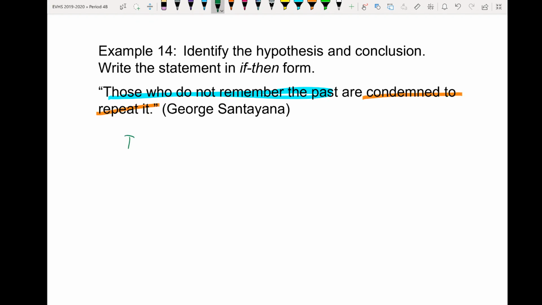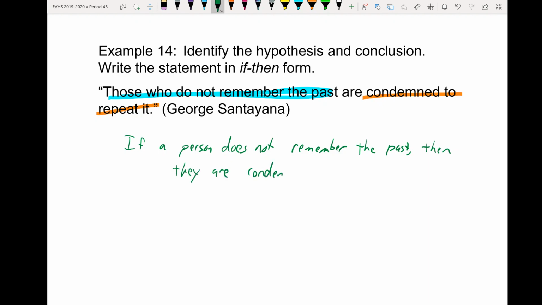So, if a person does not remember the past, then he, she, they, what's the proper word there now? It. They are condemned to repeat it.